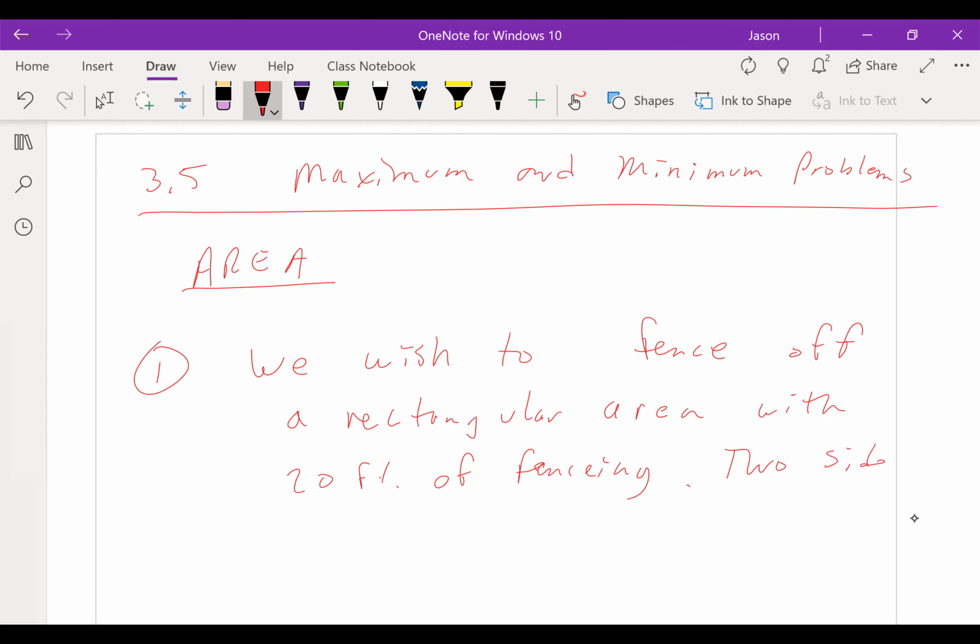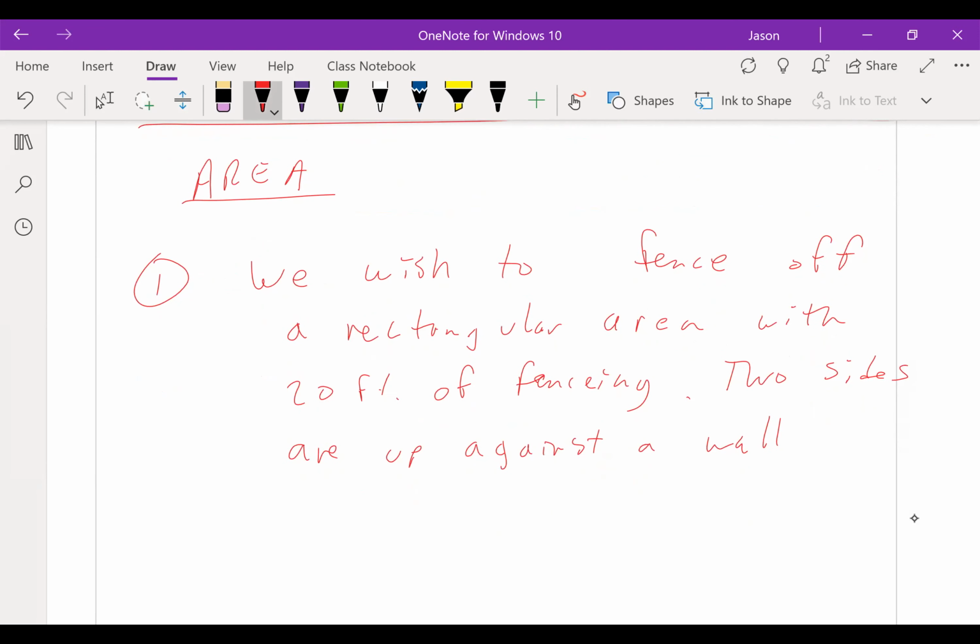Two sides are up against a wall and require no fence.